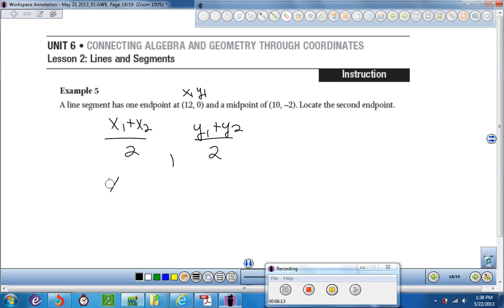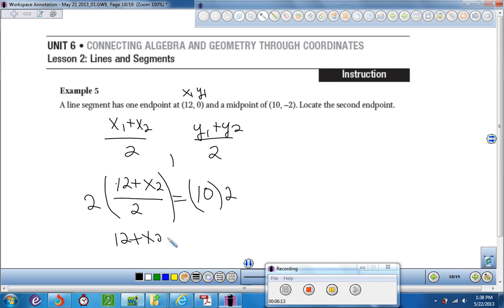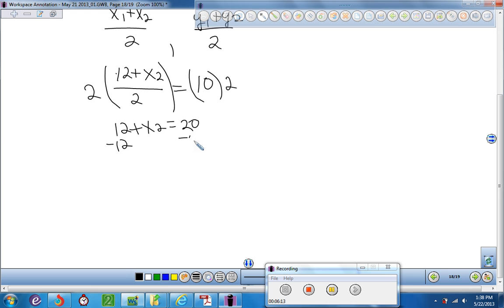I'm going to substitute in 12 plus, I don't know what x2 is, over 2 has to equal 10. Now we're going to undo the 2. We're dividing by 2 here, so we'll multiply both sides by 2, and we end up with 12 plus x2 is equal to 20. We'll subtract 12 from both sides, and the x value of the endpoint we're looking for is 6. I'm sorry, it's 8. 20 minus 12 is 8.